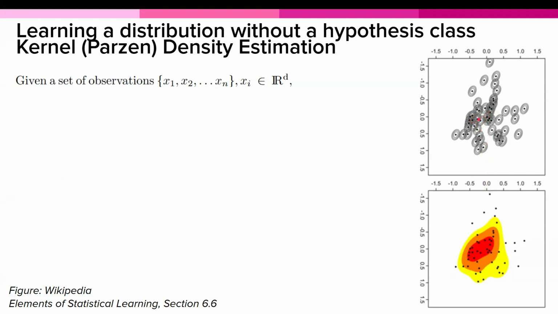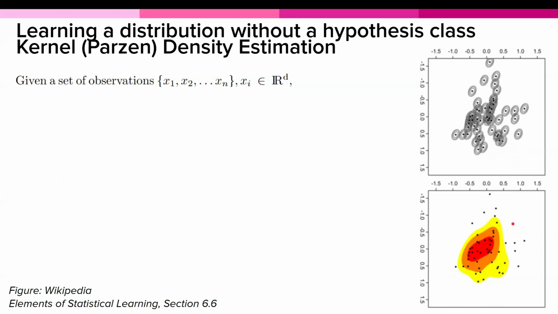This will create high density regions, which are shown here in red in the figure at the bottom. On the other hand, where points are more spread out, like on the periphery, this will correspond to less dense regions or lower probability density in our kernel density estimate, shifting us into the orange, yellow, and even white zones.